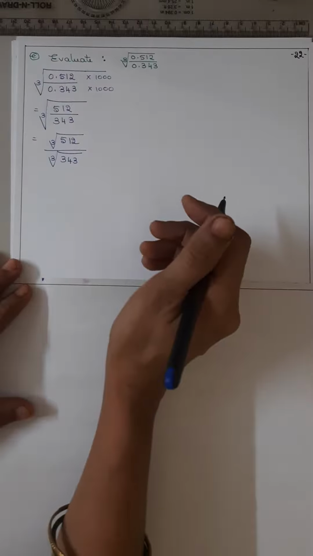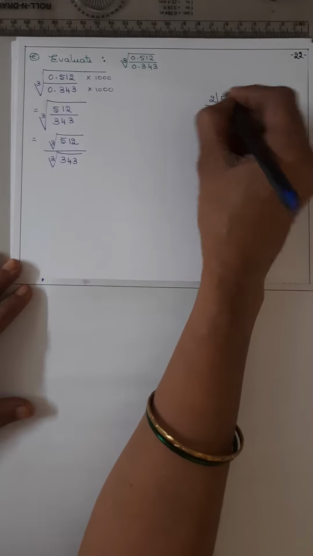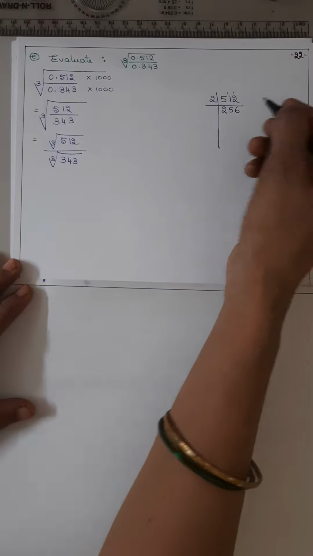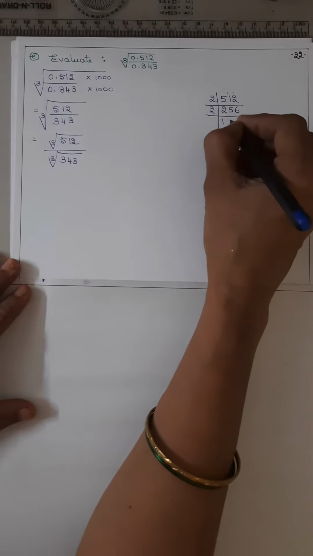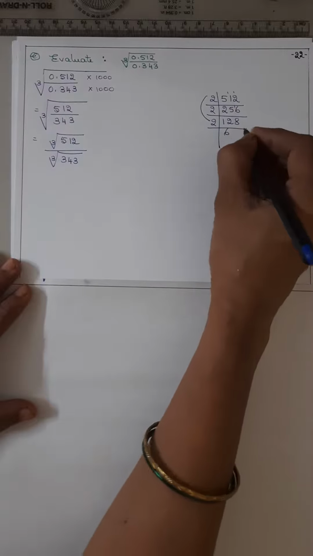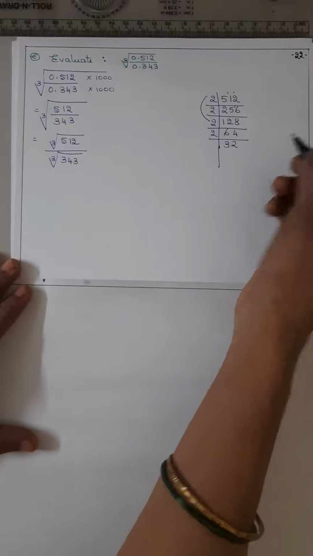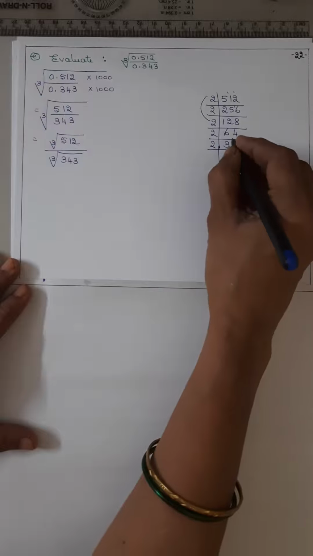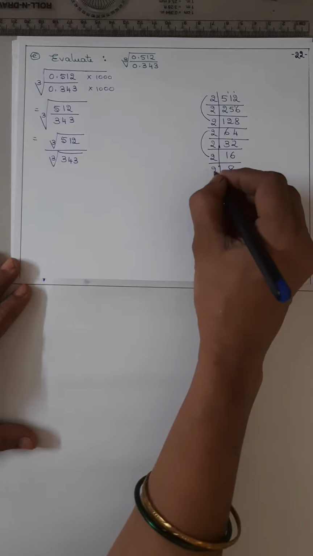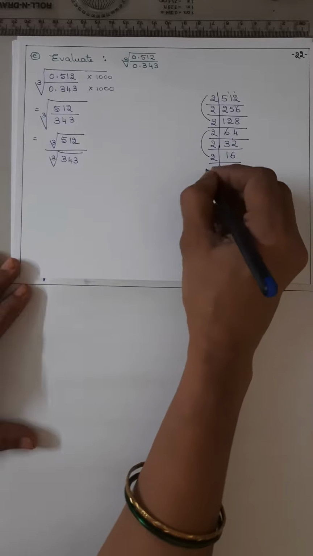So to show the method, we have to do 512. 2 2s are 4, 1 remains, 5s are 10, 1 remains, 6 are 12, 2 1s are 2, 2 2s are 4, 8s are 16, 2 6 are 12, 4s are 8, 2 32s are 64, 2 16s are 32, 2 8s are 16, 2 4s are 8, 2 2s are 4, 2 1s are 2.